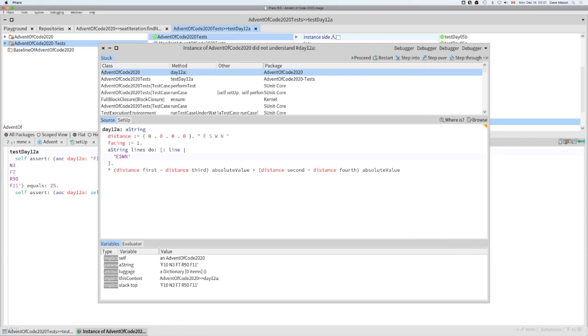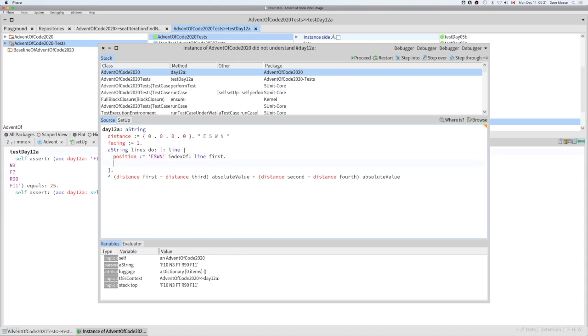So position, index of, and we just want the first character of the line. Okay. So if that's 0, so position is 0.